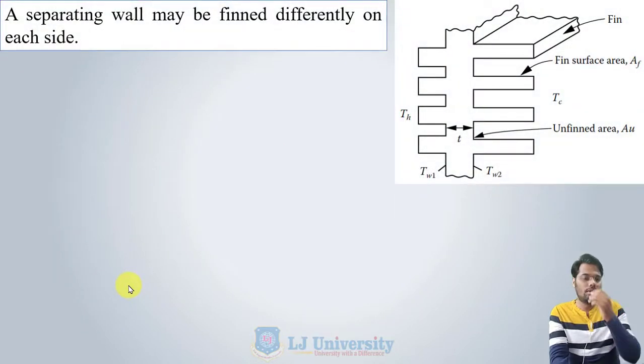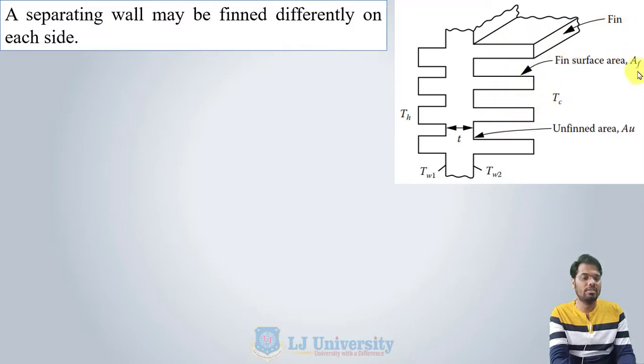Now suppose we have considered our wall with a fin. From the figure you can see that this is the base wall whose temperature is T. This is the hot side, temperature Th, and this is the cold side, temperature Tc. Now we have attached extra area or augmented surfaces, generally known as fins, to this base wall. These are the fins.